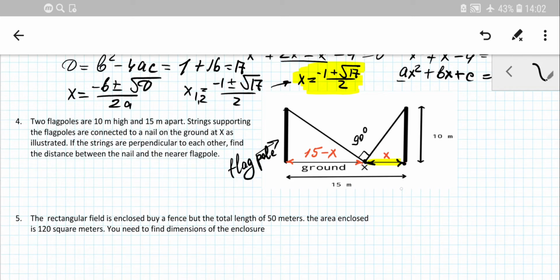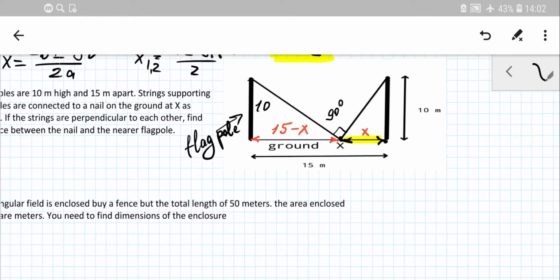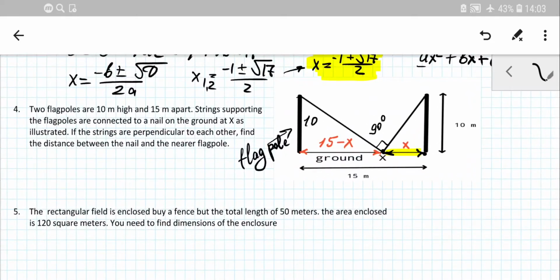Okay, so now we have two triangles, both with a height of 10, and we also arrange the angle of 90 degrees between them. What we can use here is the Pythagorean theorem for each triangle.